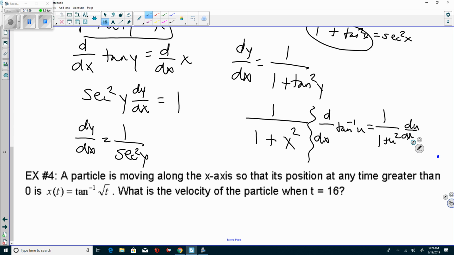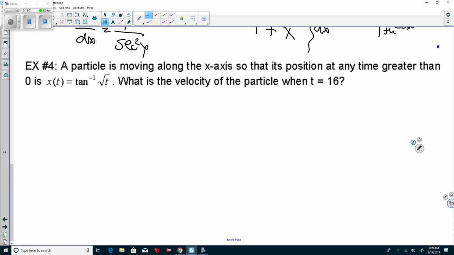Okay? And then, remember, they will start to ask you questions using mathematical terminology. So we have velocity. Remember, we have velocity, we have speed, we have acceleration. What is velocity? Velocity is a first derivative.